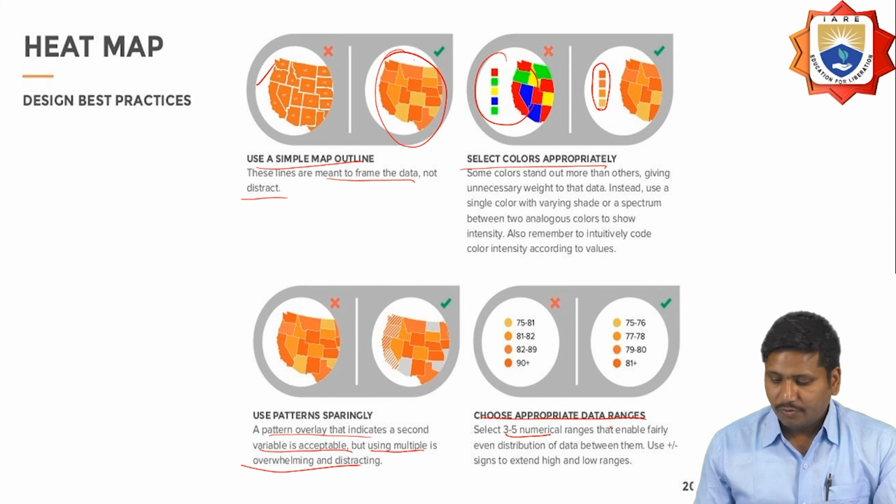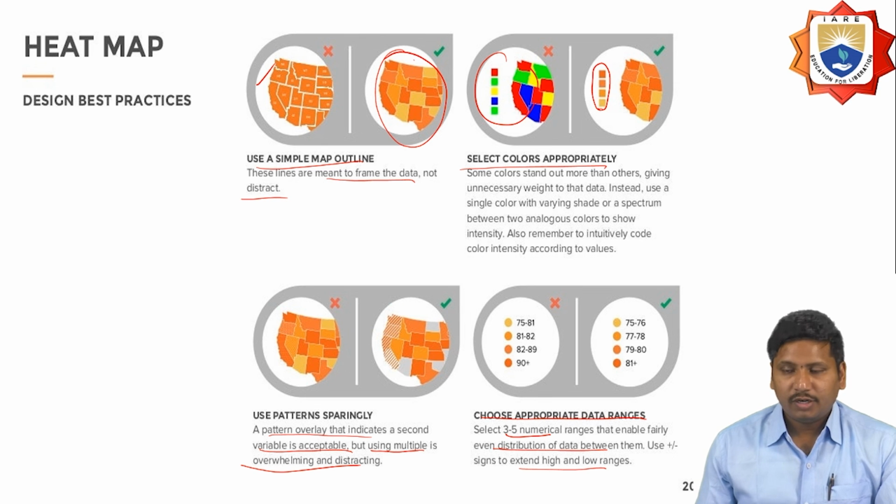If you choose appropriate data ranges, the distribution of data will be good enough to indicate the higher and lower range of values. So for designing the heat map, use a single map outline, select the colors appropriately, use patterns carefully, and choose appropriate data ranges.